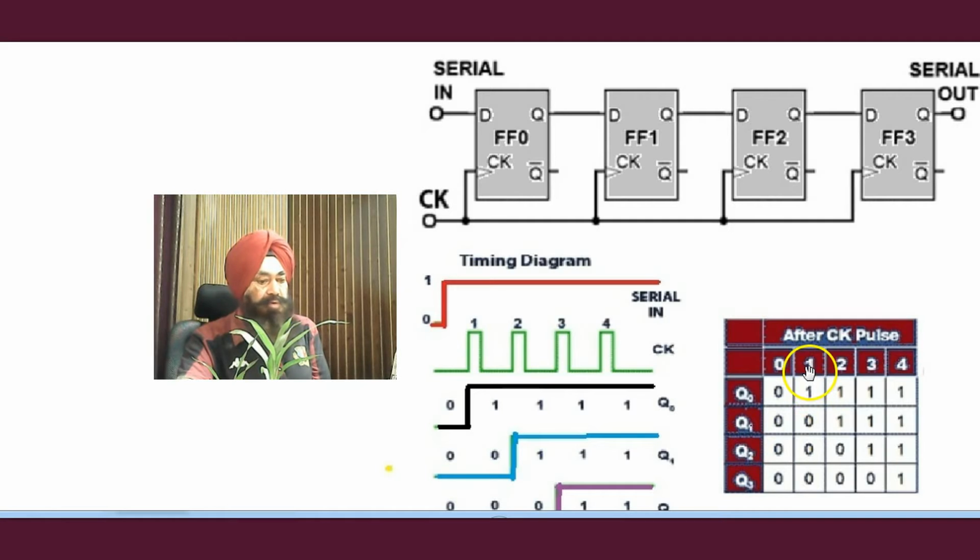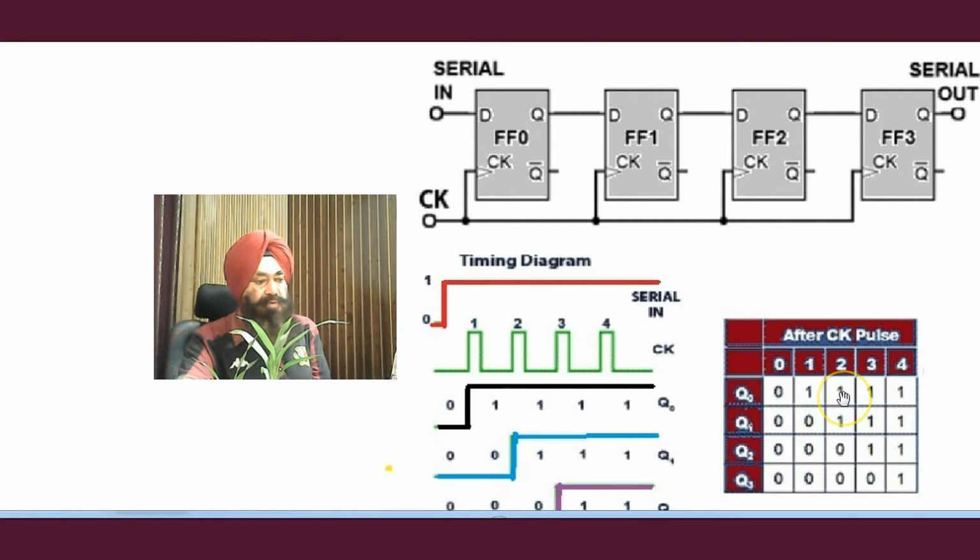This is after the first clock pulse. Now when the second enters, what will happen? This one here will be shifted to this place, and the 1 here arrives at this point.